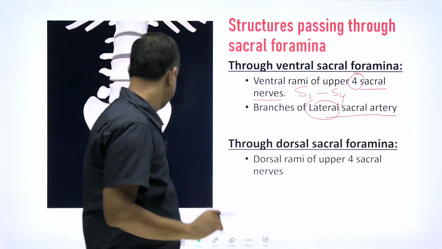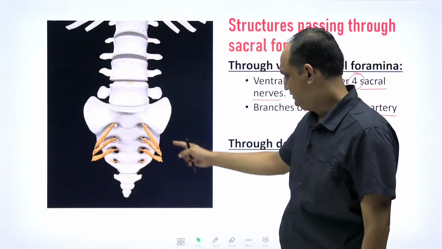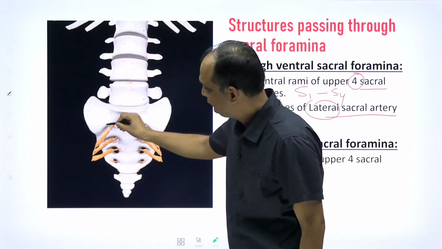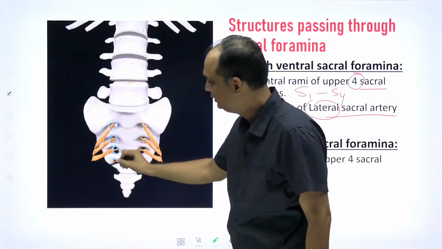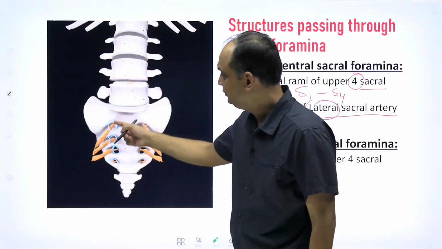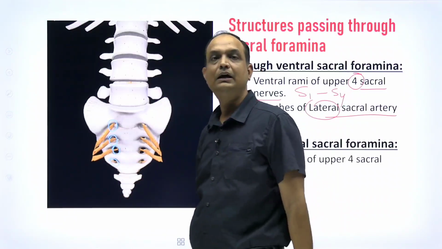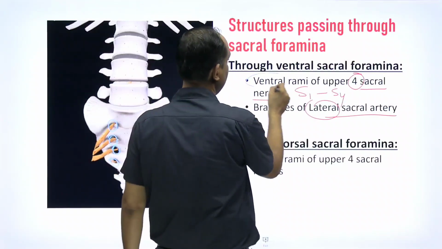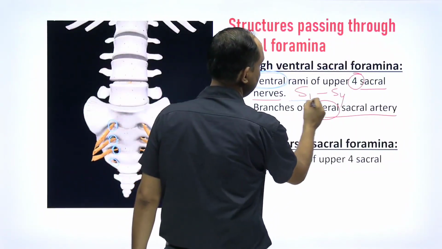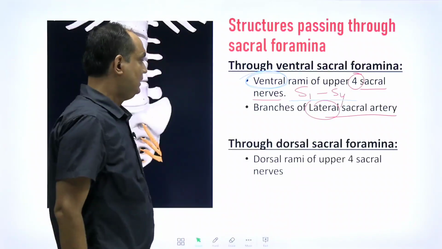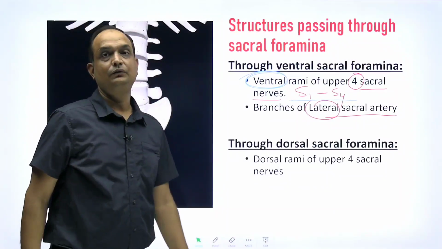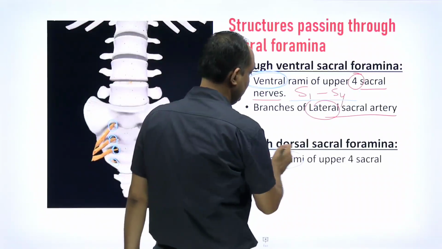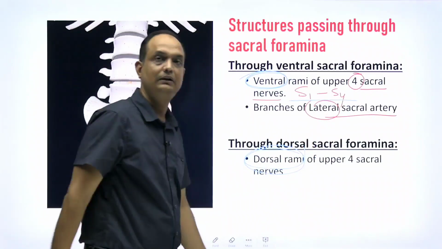If you see this image, these are the first, second, third and fourth sacral nerves coming out from the ventral sacral foramina, and these four nerves are actually the ventral primary rami of spinal nerves S1 to S4. The dorsal sacral foramina give exit to the dorsal rami of the same S1 to S4 sacral nerves.